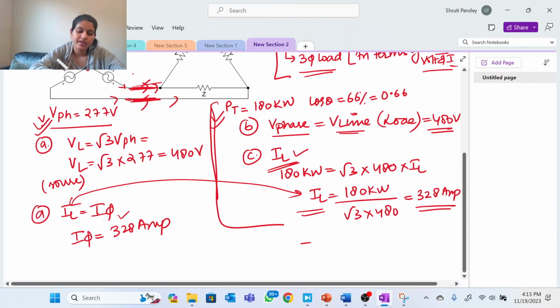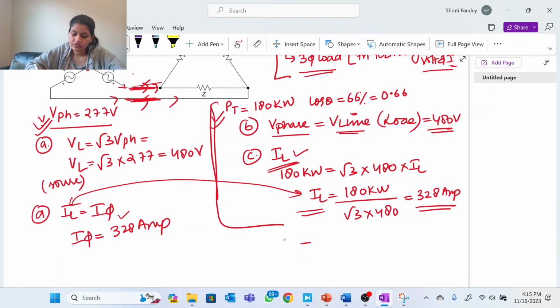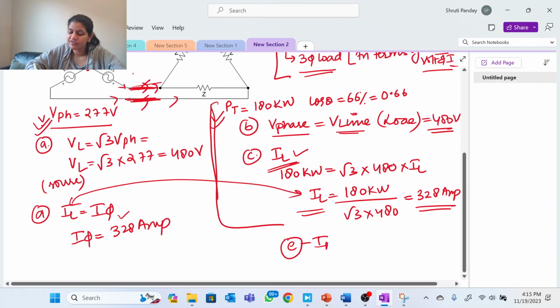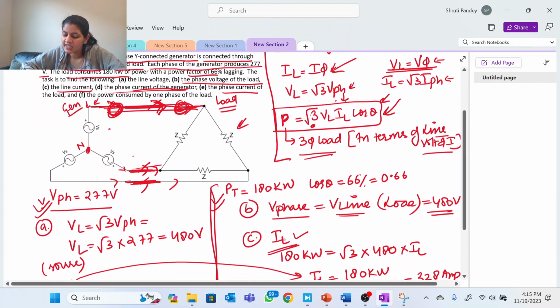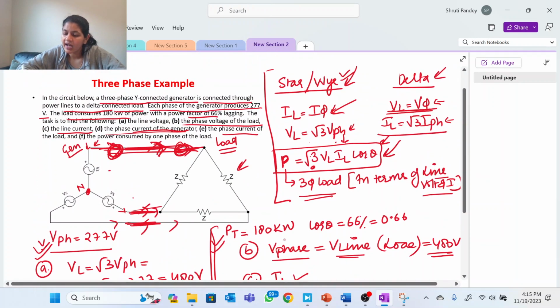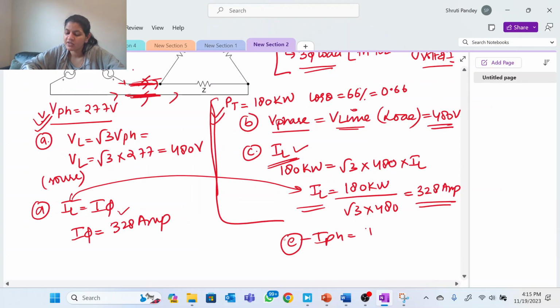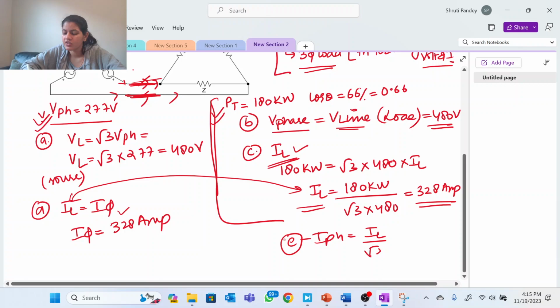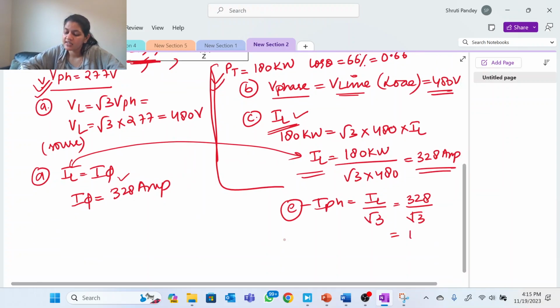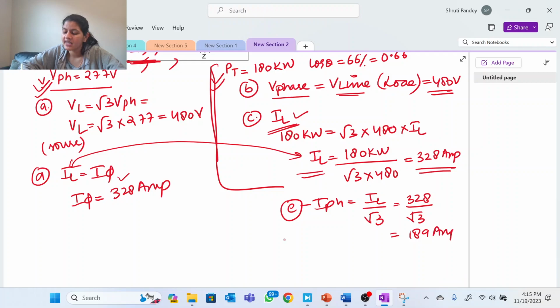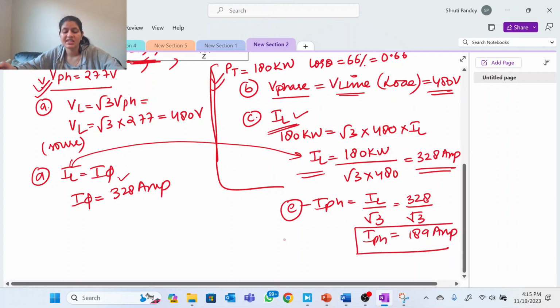So the E part is I phase for the load. So we'll see the load is in delta. In delta, IL is equal to √3 times I phase. So I phase will be IL by √3. IL is 328 by √3, right? So I might have the value calculated. Yeah, this comes out to be 189 ampere. So this is I phase of the load side.